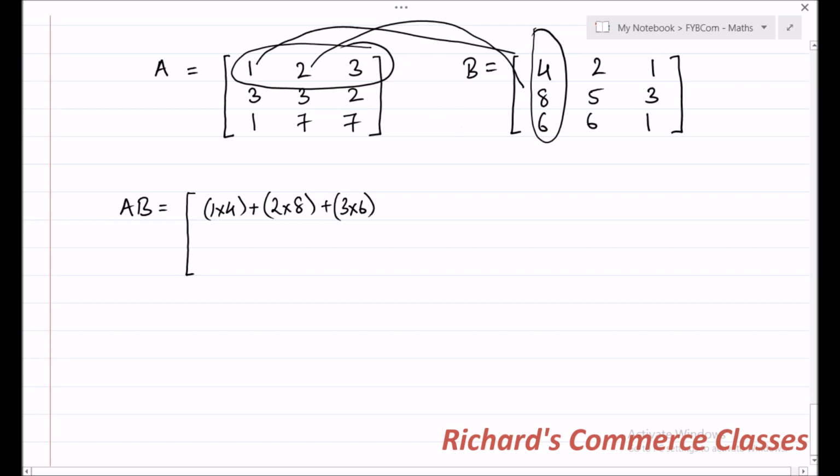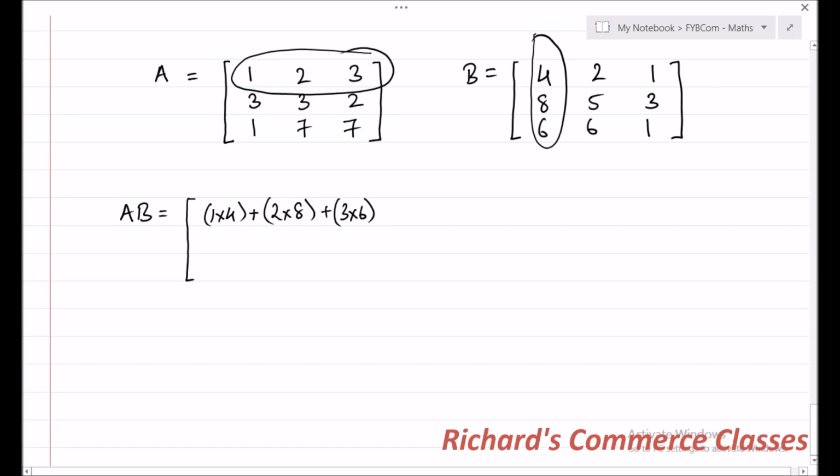So let's move on to the second column. Second column of B is 2, 5 and 6. So again, if we repeat, it will be 1 into 2 plus 2 into 5 plus 3 into 6, and the second column is also over.